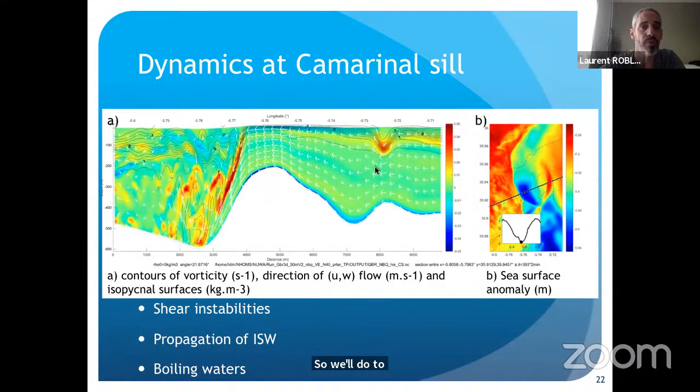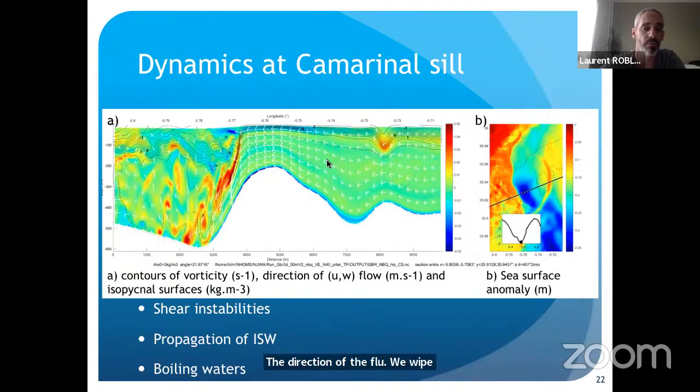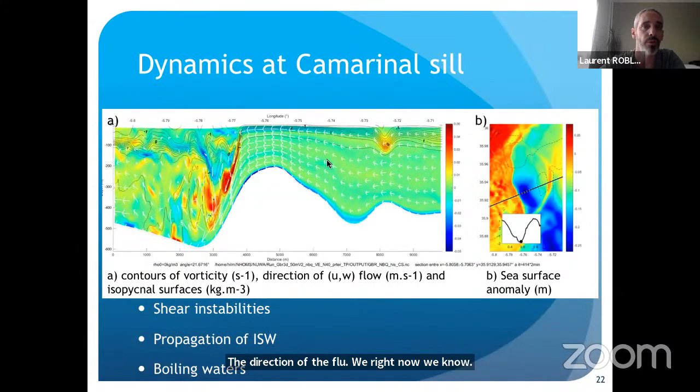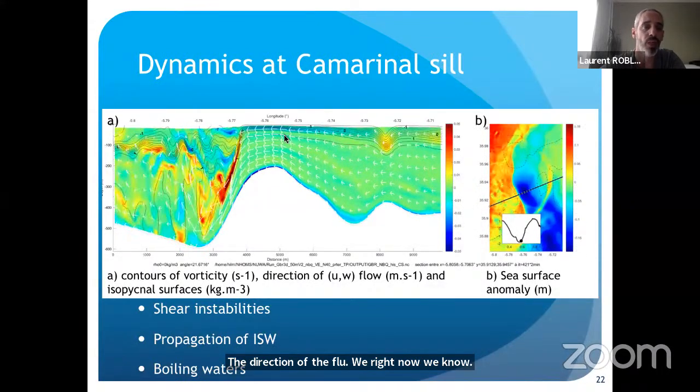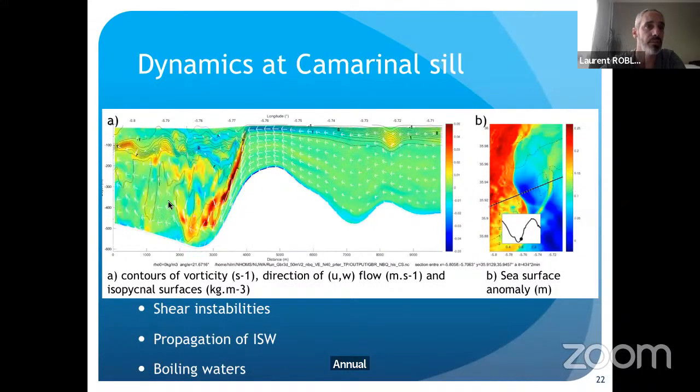You have the direction of the flow with white arrows, and the isopycnal surfaces are in black lines. So this animation, and I have a blowout.